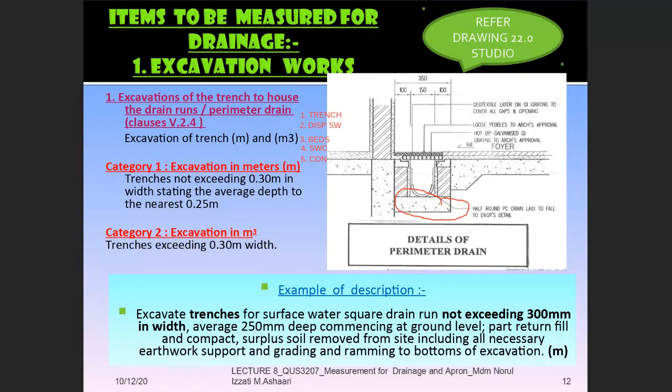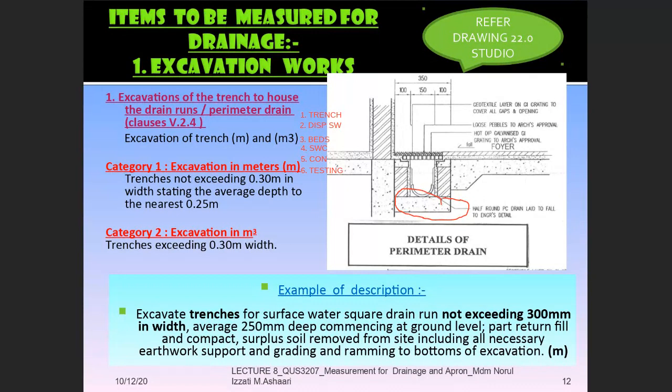Now before I go to the sum, I would like you to take note. Let's go through this part in detail. What else is not available in section V, but is available in this drawing? That one you have to look at in detail. If you look at this, there is a brick wall. So we can say this is an additional item that you have to measure.